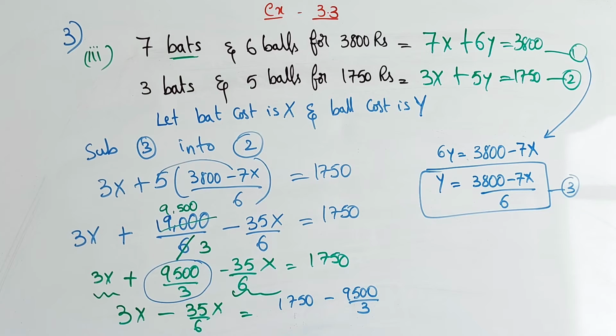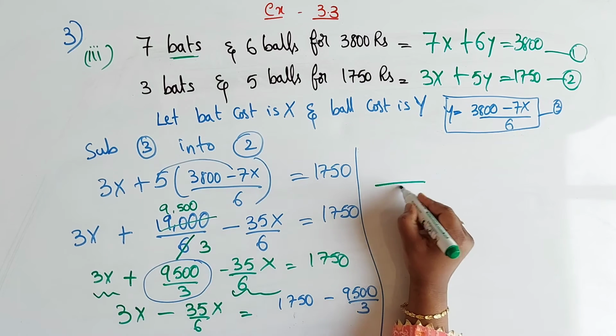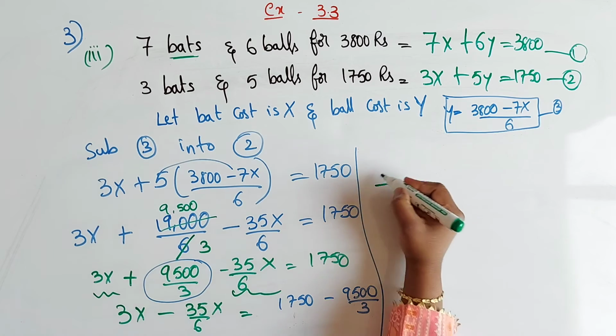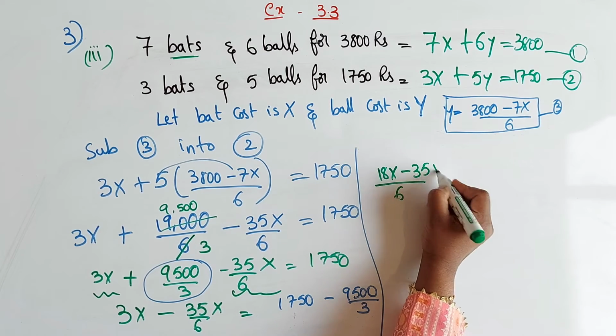Correct, children? Here on the left hand side, 6 is the LCM, children. 6 into 3, 18x minus 35x.